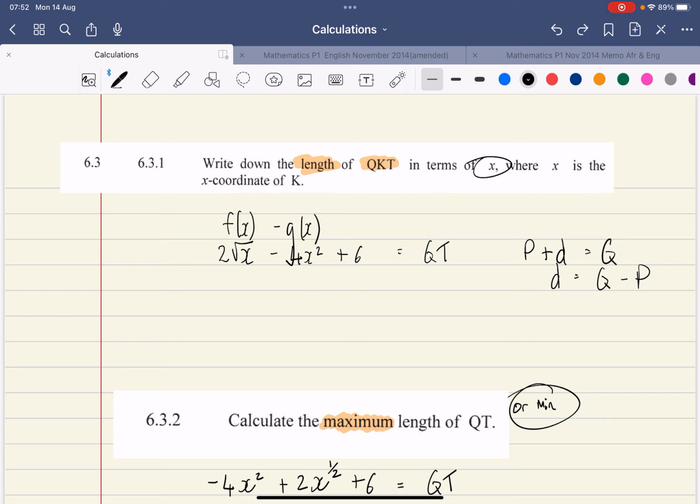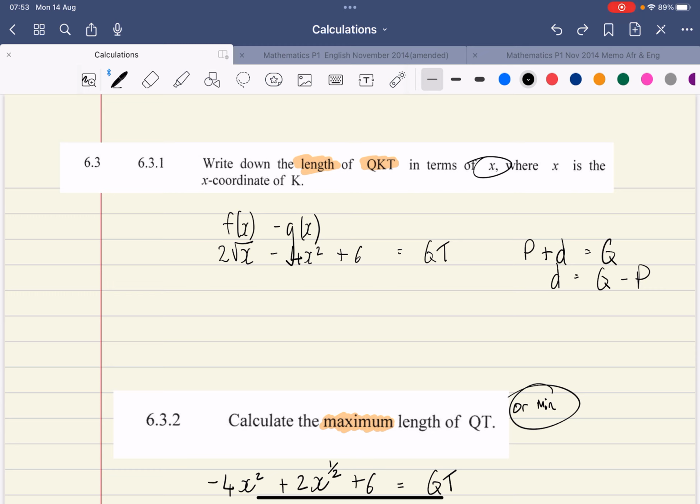We're at position g of x, and we're going to travel a distance to get to position f of x. So we want to find that distance d, so we need to subtract the one graph from the other. And that's exactly what we've done here.